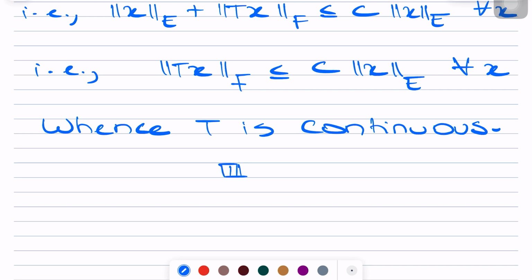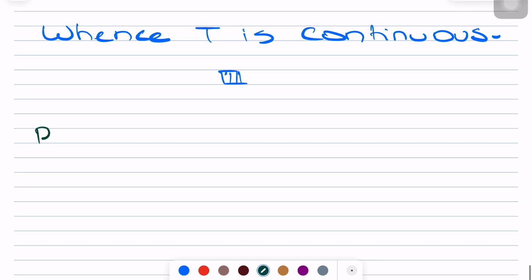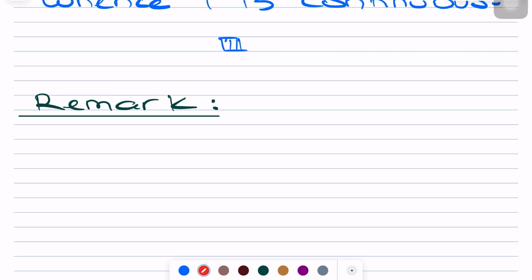Good. So maybe take this last remark. As I said, why is linearity important? Let's have a look at this remark. Linearity is crucial.